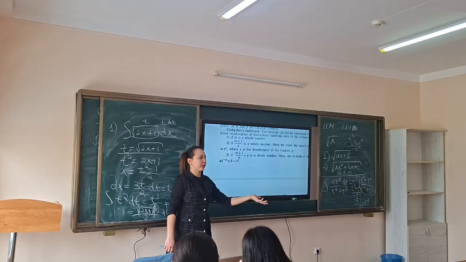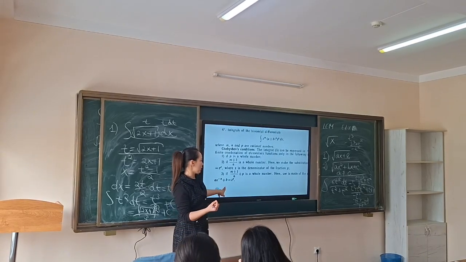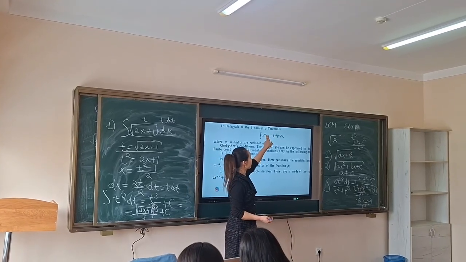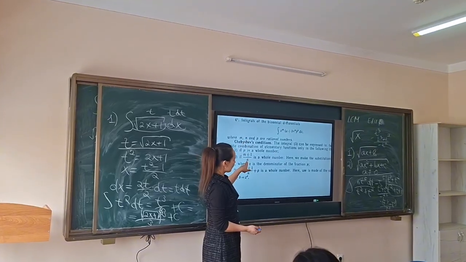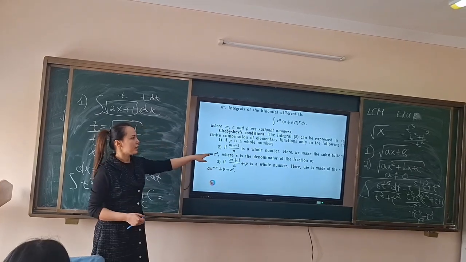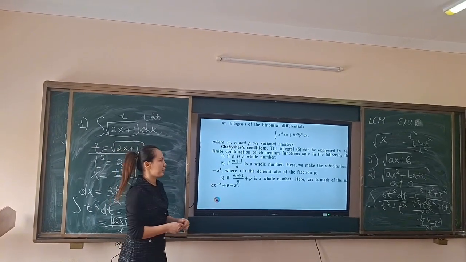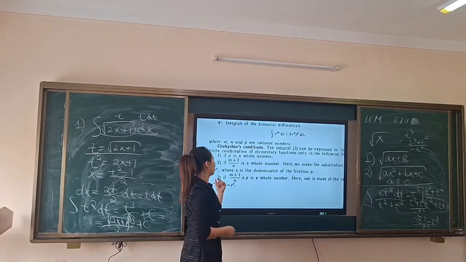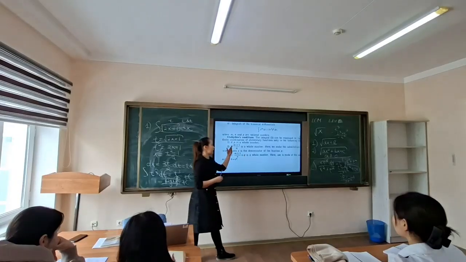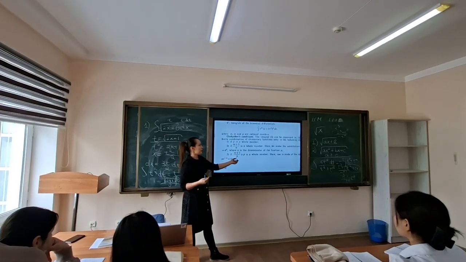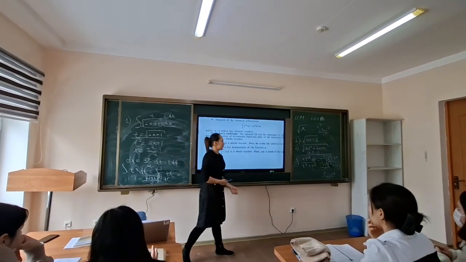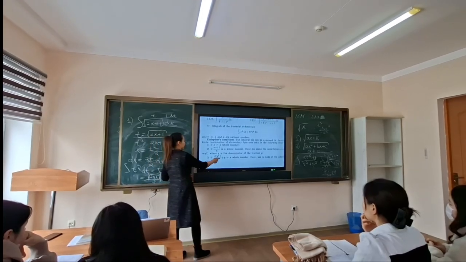If the next condition is if (m plus 1) over n is a whole number, here we make the substitution z to the power of s, where s is the denominator of the fraction. And the third condition looks like the second condition, but first we should add p. And there we use the substitution method of this type.